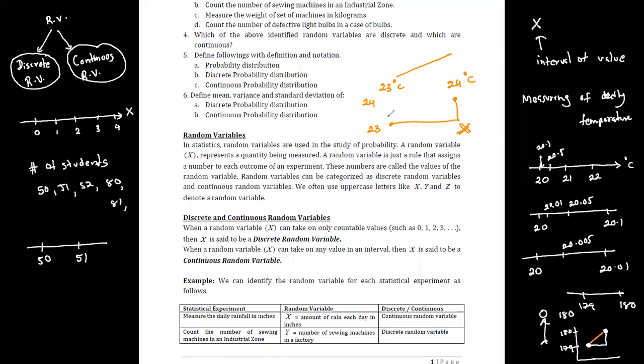But if you are counting the number of students, until we meet student number 24, we will have the count as 23 only. But if it is temperature, there will be a gradual increment. It may be the shape of a curve, it may be the shape of a line, and the slope of the line may also change according to the measurement we are taking.